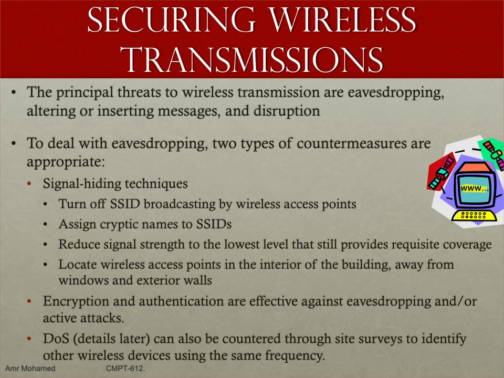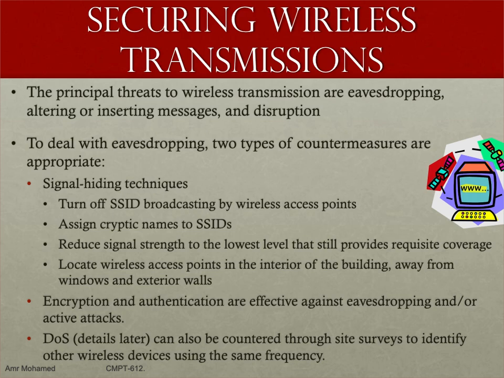Reduce the signal strength. That's interesting. We cannot do that manually in our home wireless routers, at least, but we can do that in certain types of base stations and access points. How do we reduce the signal strength? By controlling the power. By doing this, the wireless beacons that broadcast the SSID have a small perimeter.